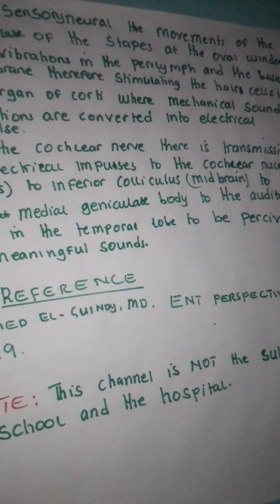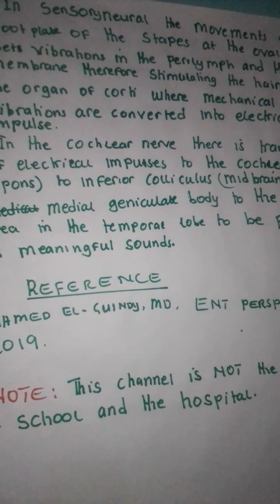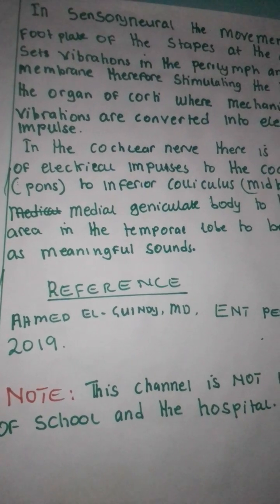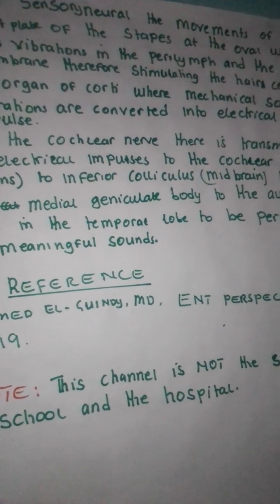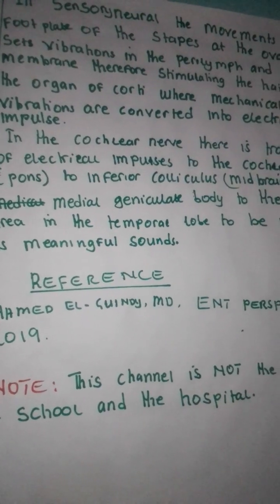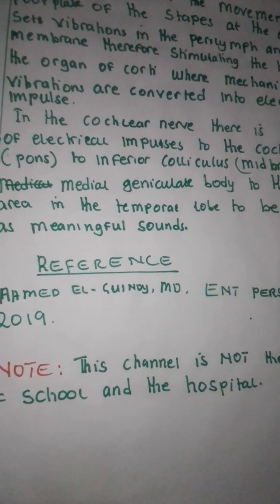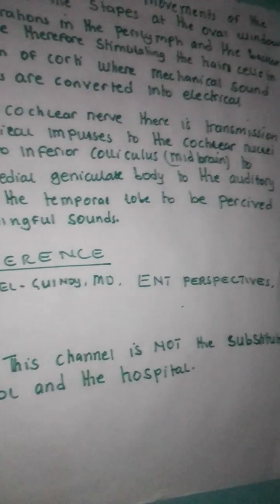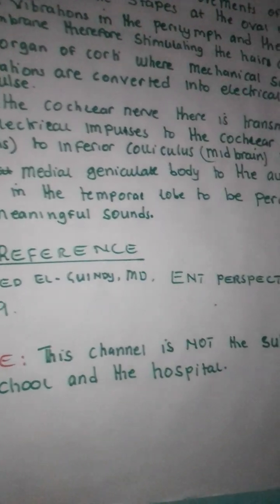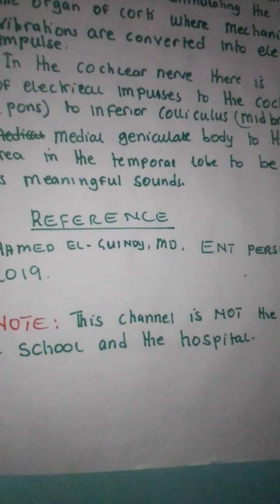In the sensory neural component, there's a movement of the footplate of the stapes at the oval window, which sets in motion the vibration of the perilymph and the basilar membrane, therefore stimulating the hair cells in the organ of Corti, where mechanical sound vibrations are converted into electrical impulses.